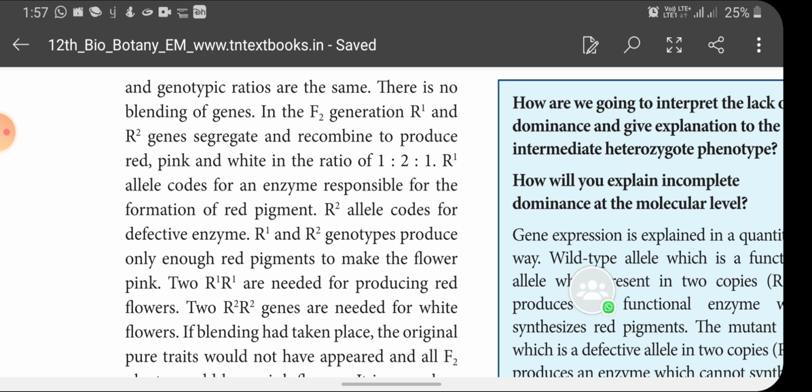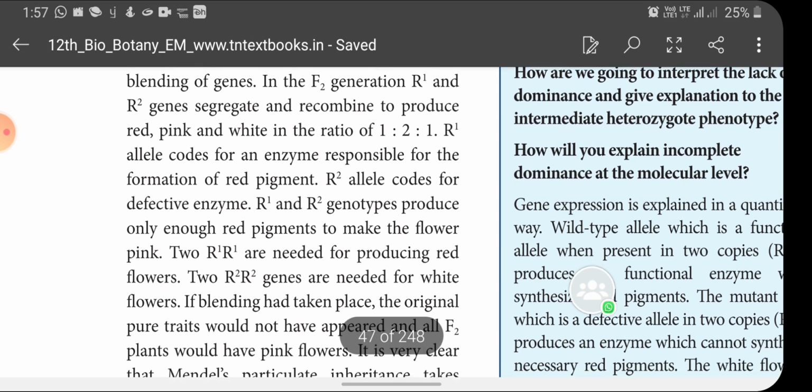R1R2 genotypes produce only enough red pigment to make the flower pink. So two R1 alleles are needed for producing red flowers and two R2 alleles are needed for white flowers.